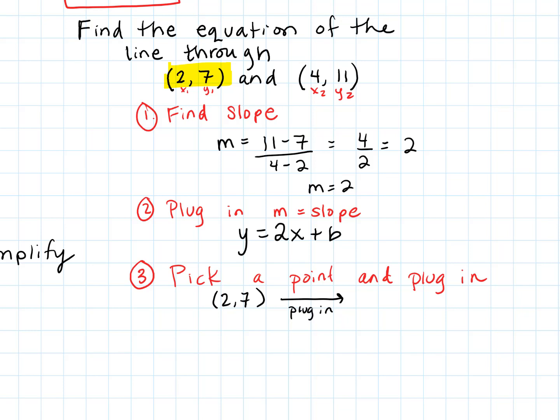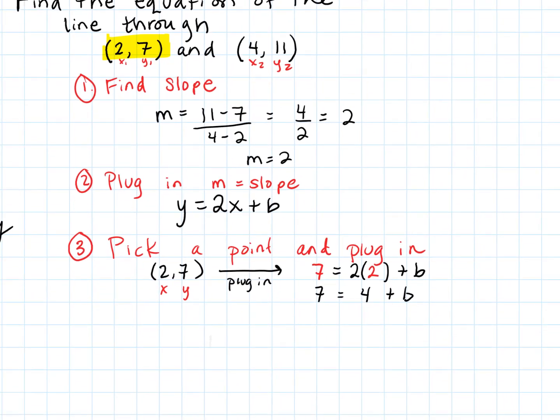So remember, this is x. The first coordinate in the ordered pair is x, and the second coordinate is y. So when I go to plug that in, I'm going to plug in 7 equals 2, remember the slope was 2, times, and then x is 2, plus b. Okay, so I plugged in the x and the y there. So I end up with, now simplify that, so do the 2 times 2, so 7 equals 4 plus b.